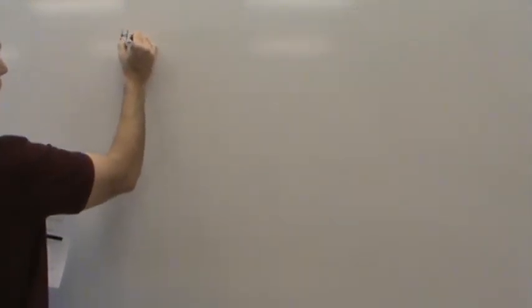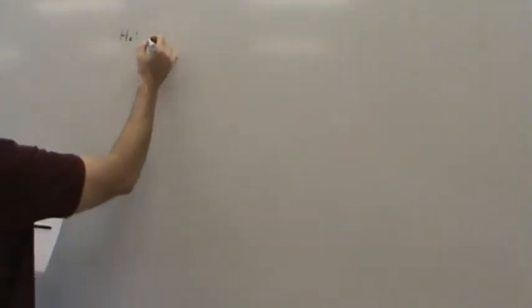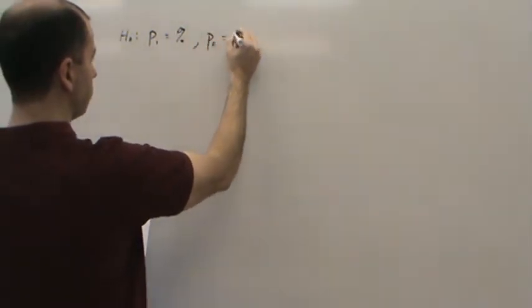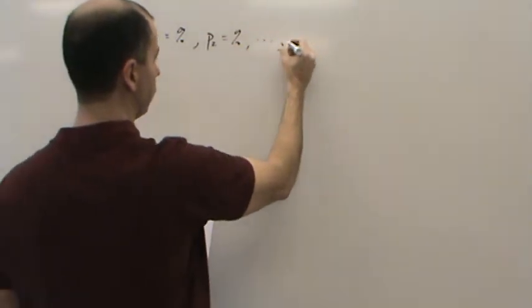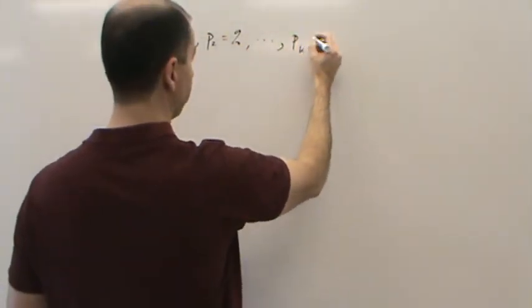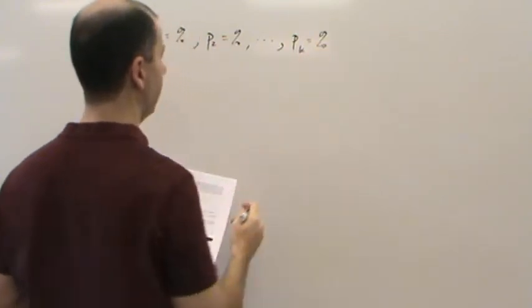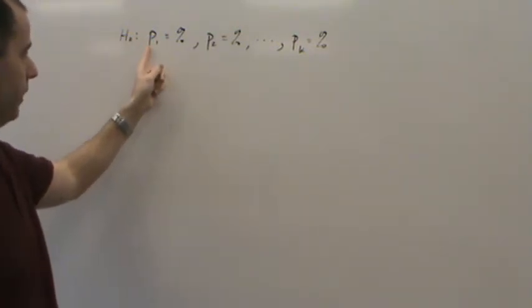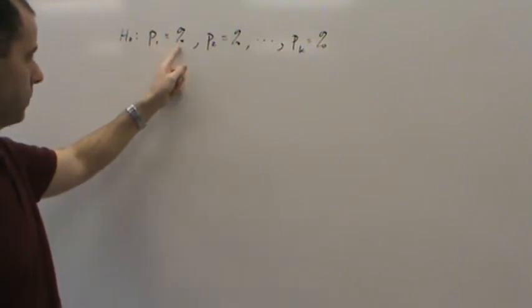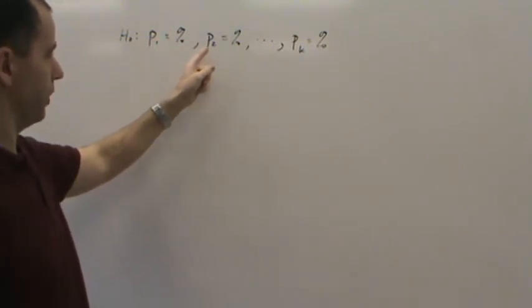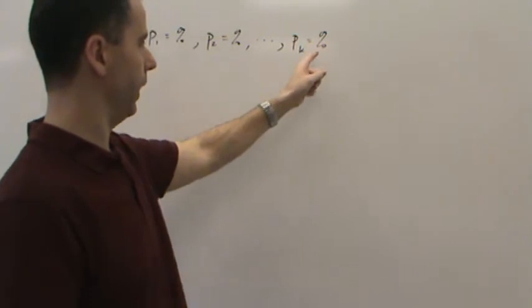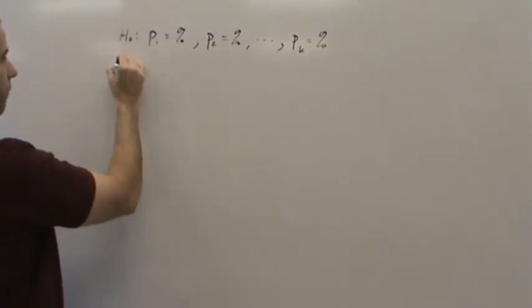In reality, we're going to say that P1 is equal to some percentage, and then P2 is equal to some percentage, all the way down to P sub k for however many categories we have. So this would be the null hypothesis.